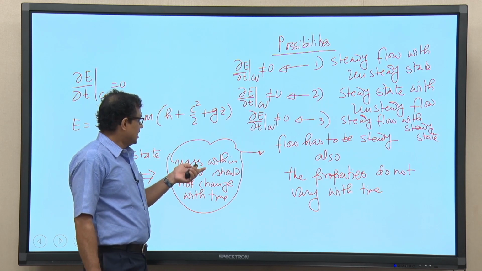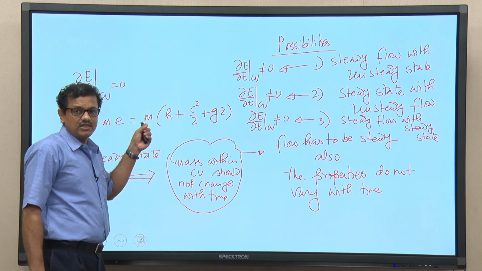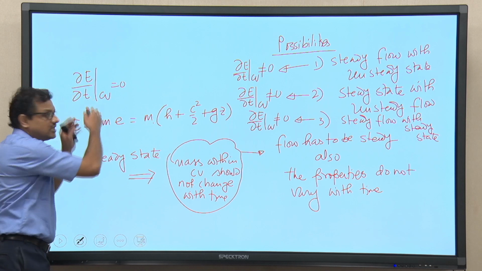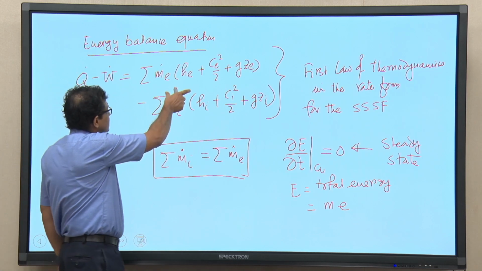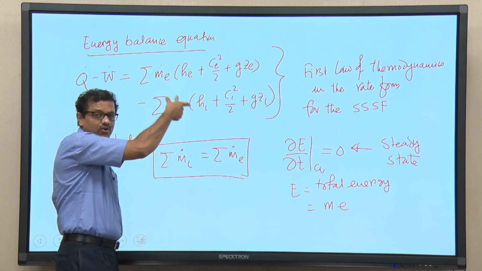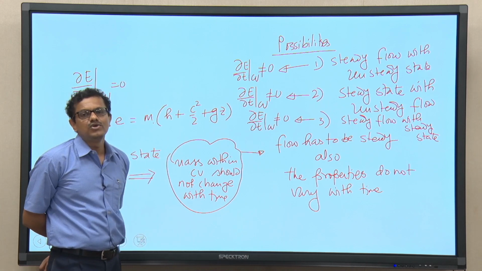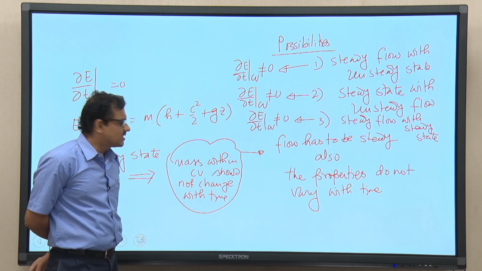Because if mass is changing with time, then we can't write that dE CV/dt will be equal to 0. So, basically this equation we can write only when the product of mass and properties will not change with time. This is very important.